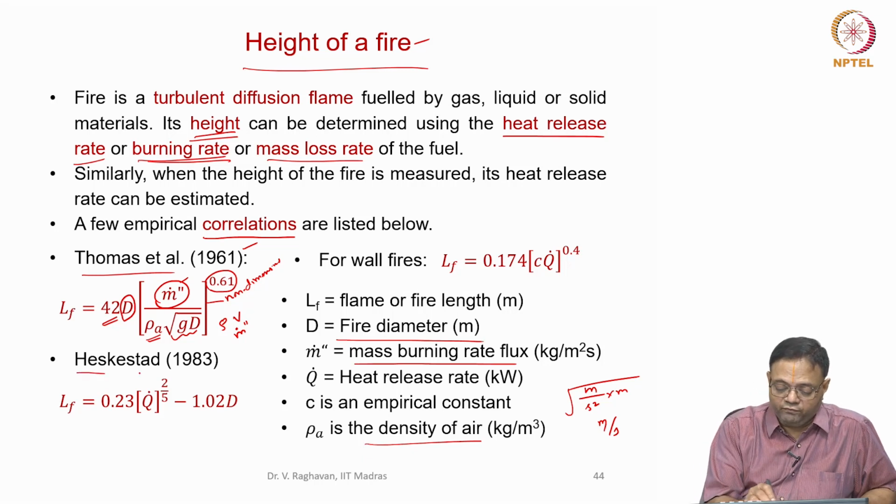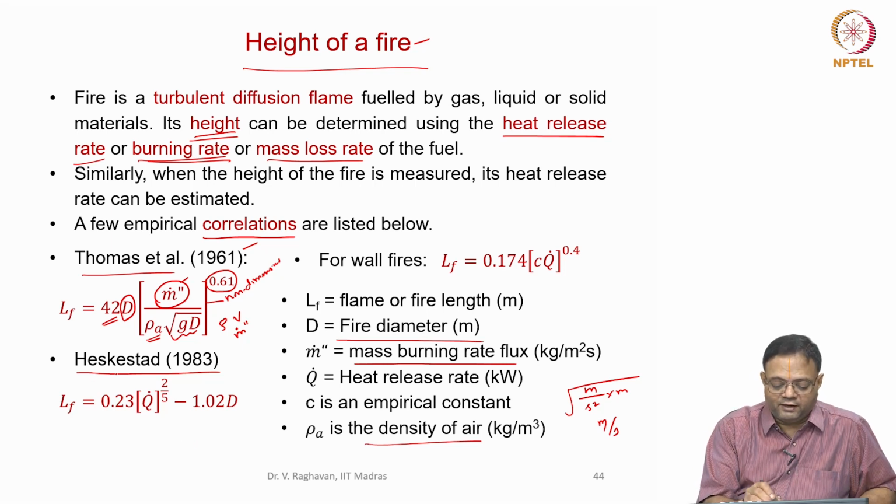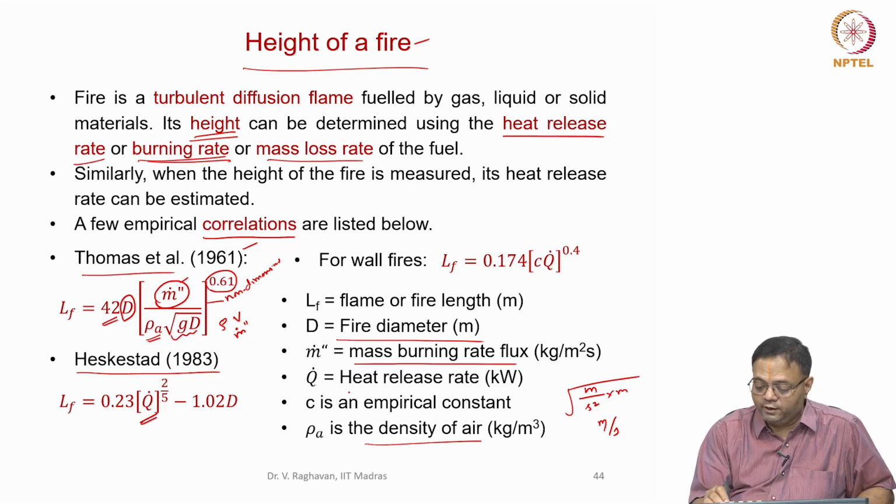Then the second correlation was proposed in 1983, the Heskestad correlation, where he has used heat release rate in kilowatts.